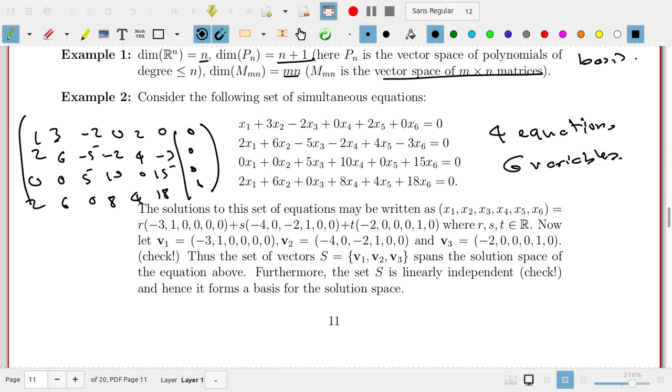Right, so if you take this down to its RREF, these are the solutions that you get.